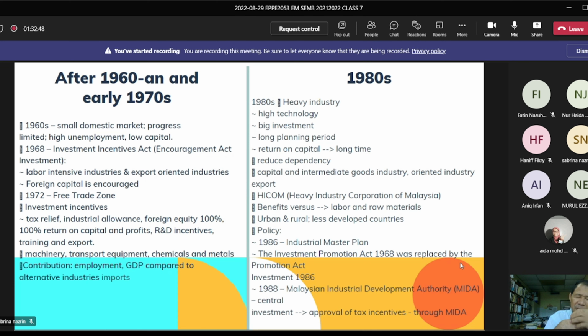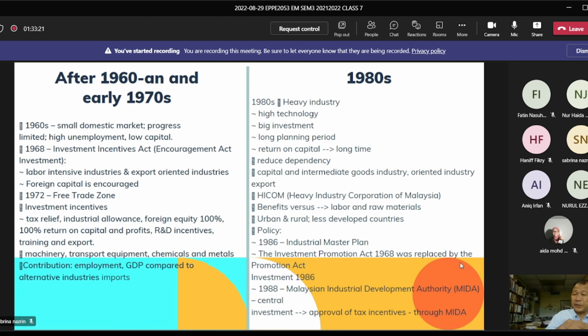Pioneer Industries Ordinance of 1958, and then 68 import substitution, 86 export promotion plus liberalization. That was 86. Why? That liberalization to help Malaysia come out from the economic recession.